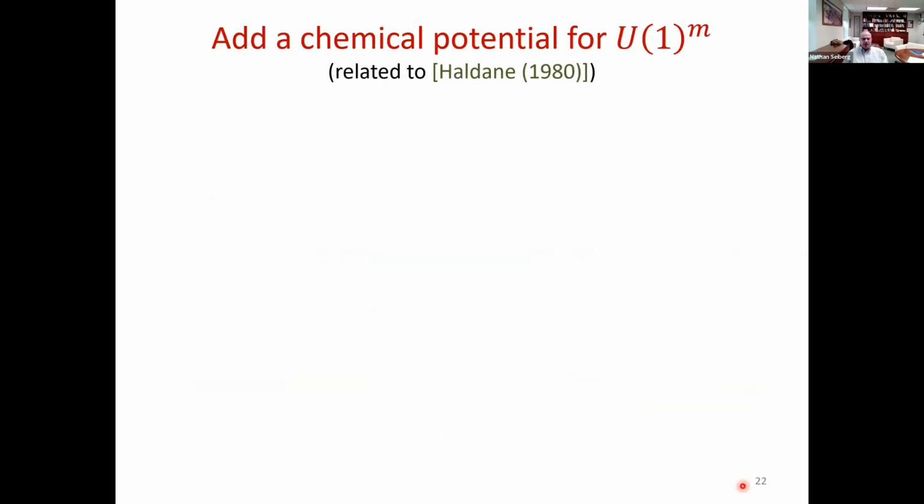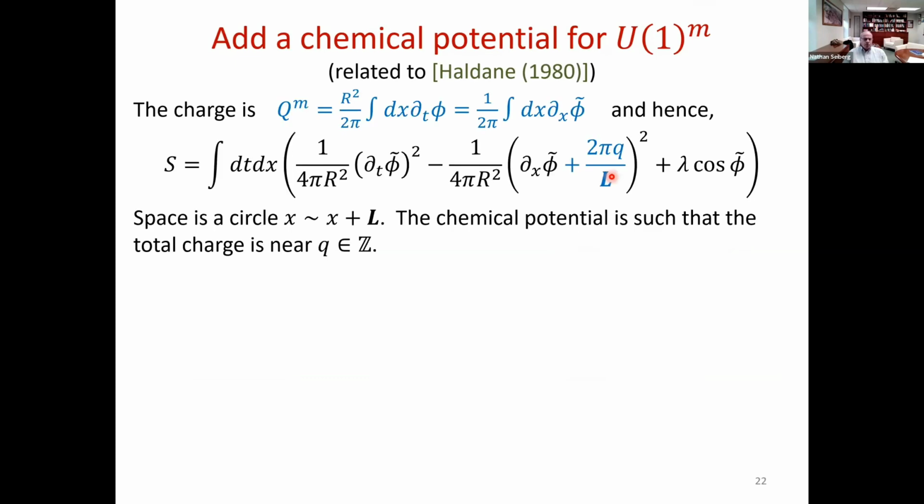Let's add a chemical potential to the only symmetry in the problem, the U(1) momentum symmetry. This is related to work of Haldane from 1980, although I phrase it in a slightly different way. So we have the momentum charge. The momentum charge, in terms of the original scalar, is phi dot with some coefficient. This is the charge. And in terms of the dual scalar phi tilde, it is that.